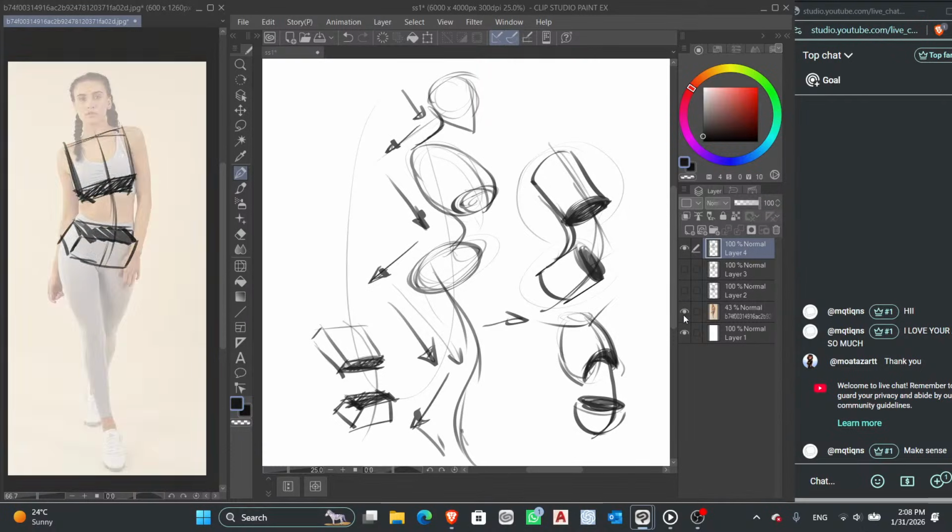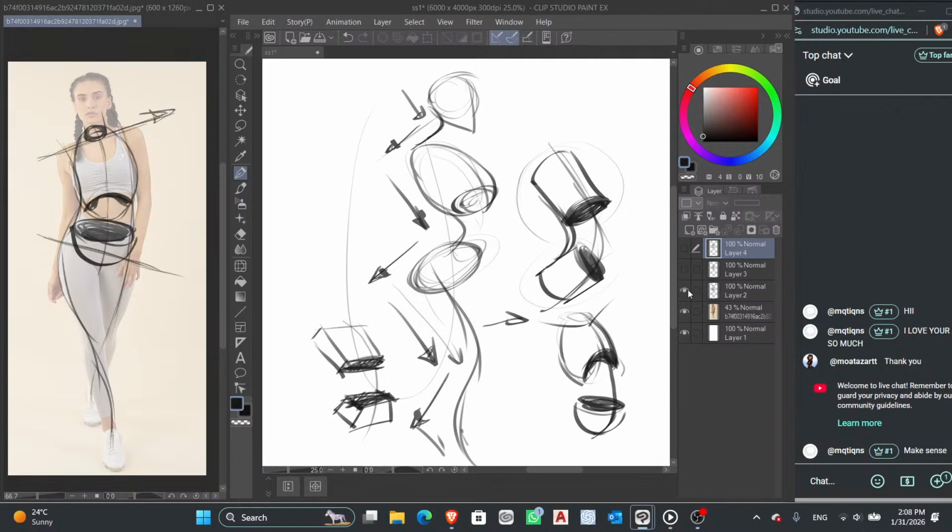Alright guys, what I'm actually trying to do is see how the perspective of her body looks, and that will lead us to the second thing I was talking about, which is the wrapping lines. What are the wrapping lines?